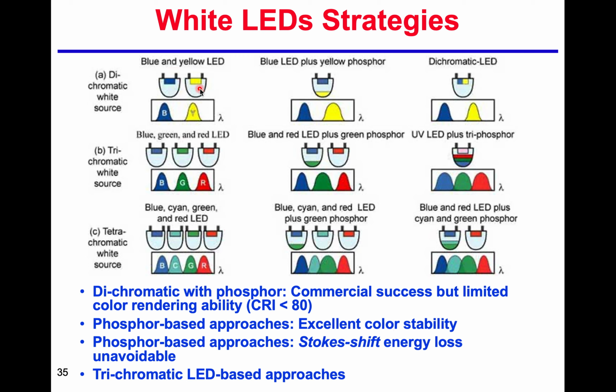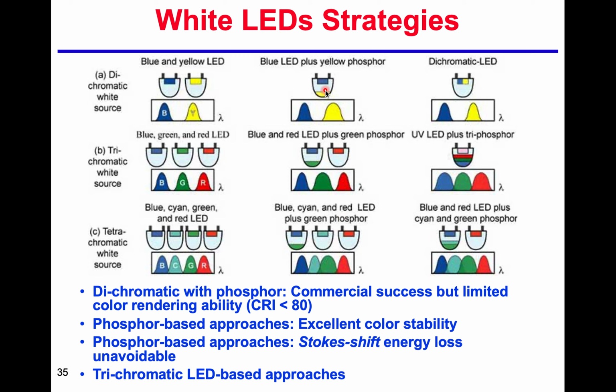For the blue and the yellow, maybe there's a difference. But here, the yellow comes from the blue excitation. So the color stability is not an issue. And for the phosphor-based approach, there is some Stokes shift energy loss. What does that mean?